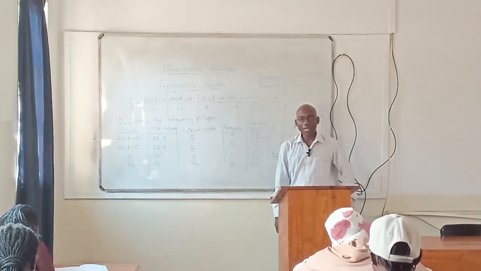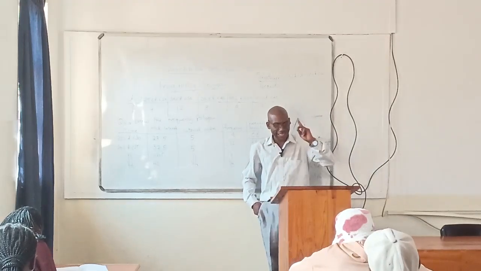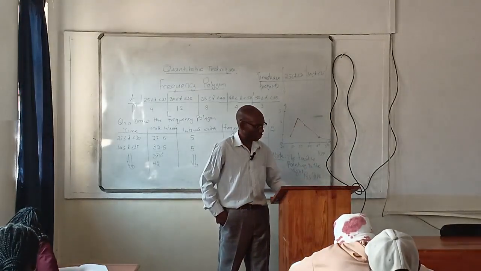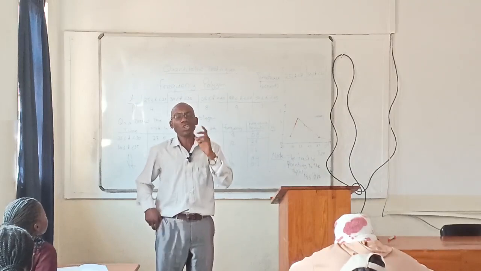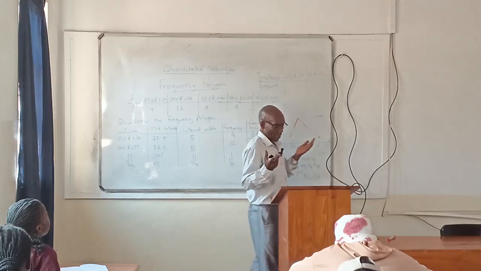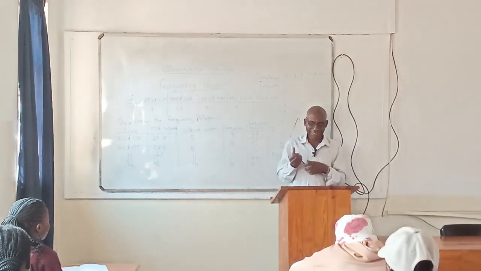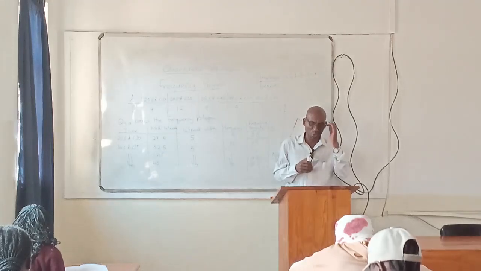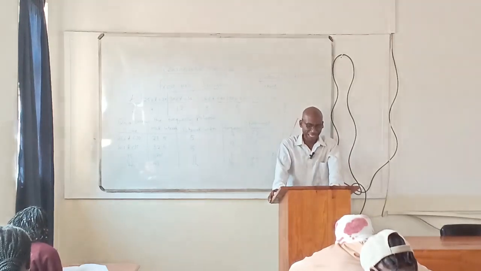Example 1.1: draw a frequency polygon to compare the age distribution of teachers in a two-form college. There are two colleges there, college A and college B. You want to compare the age distribution of teachers in the two colleges.